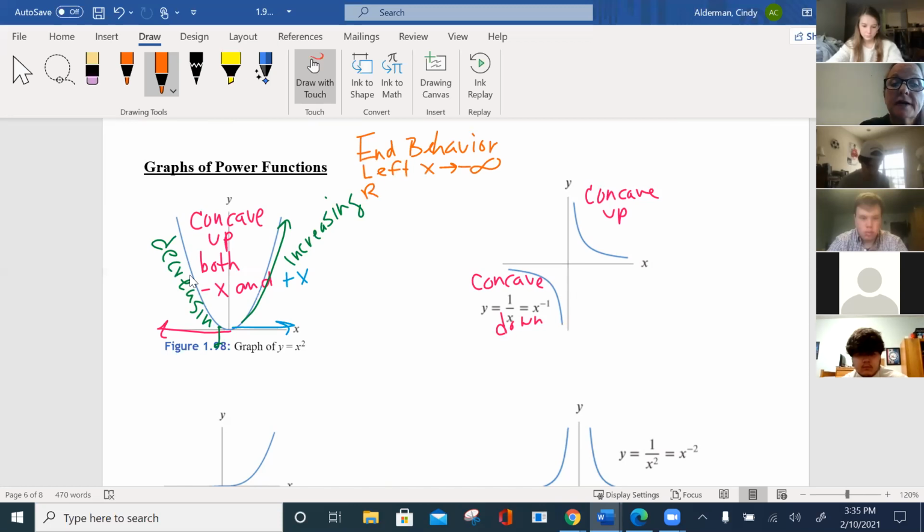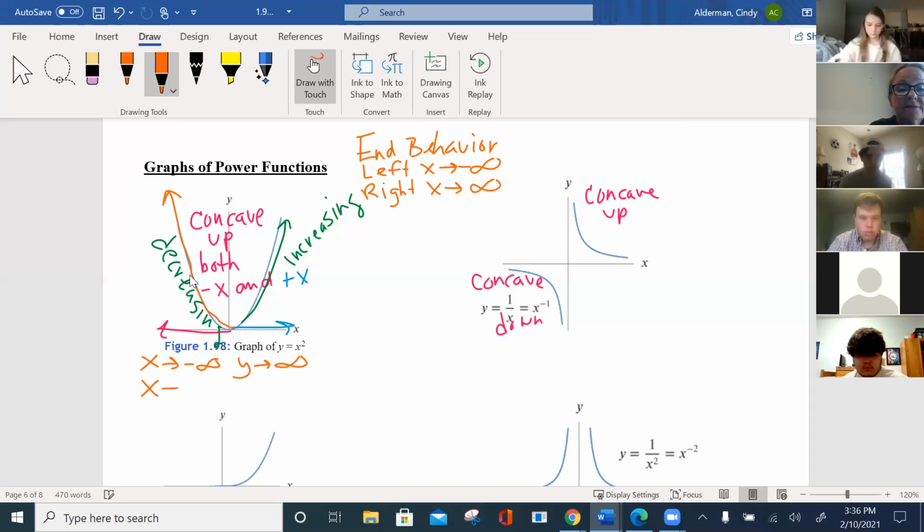The right side of the graph refers to when x is getting larger. So if I ask you to describe the end behavior of a graph, you're going to include both the left and the right. So for this graph here, you would say as x gets smaller, y gets bigger, because if you go on the graph this way, x is getting smaller, but the y value is getting larger. It's going up. And so that would cover the left side of the graph.